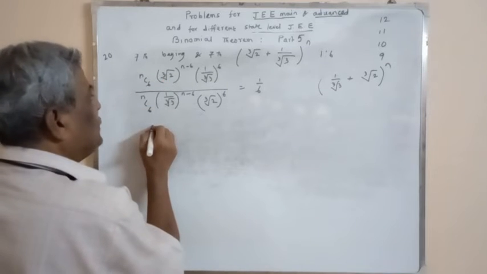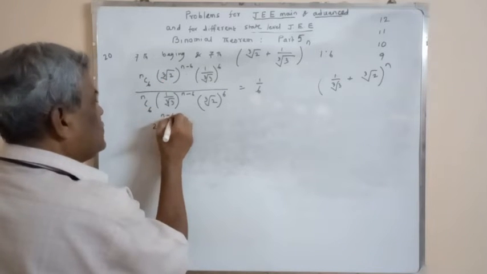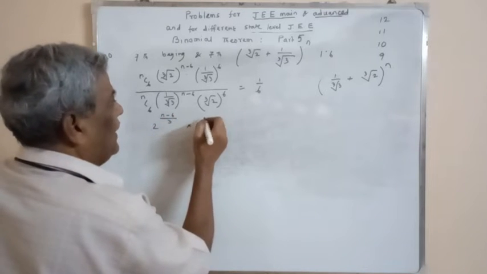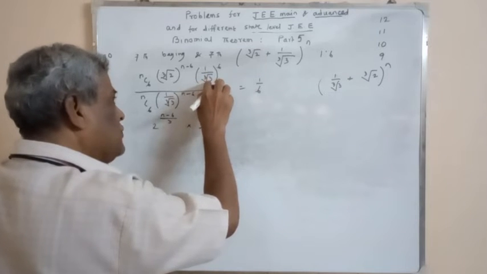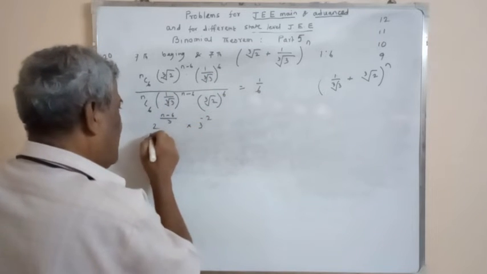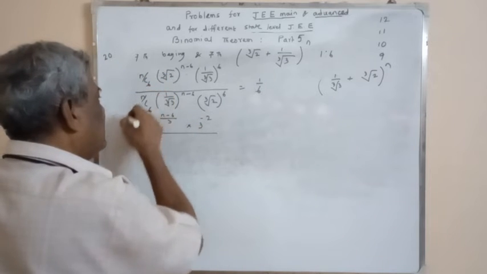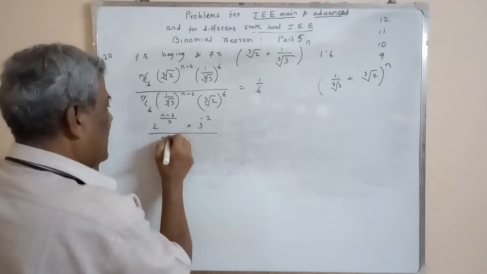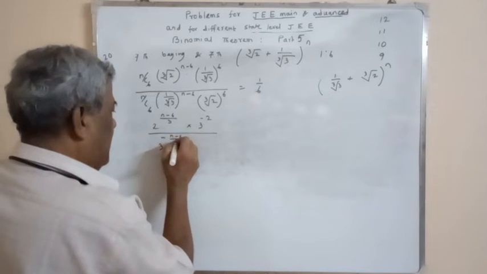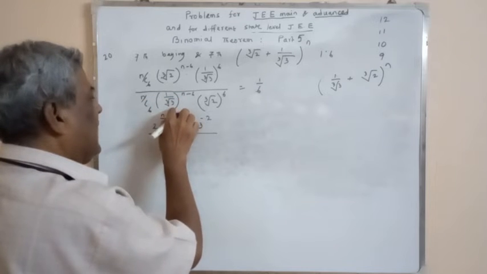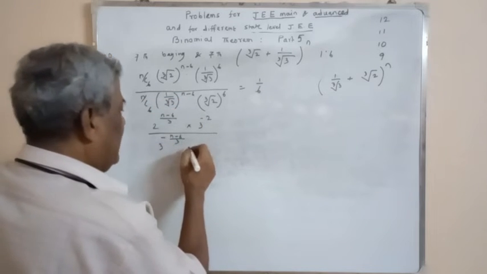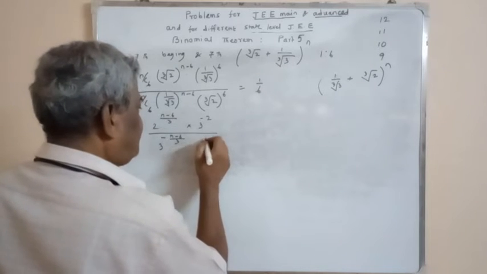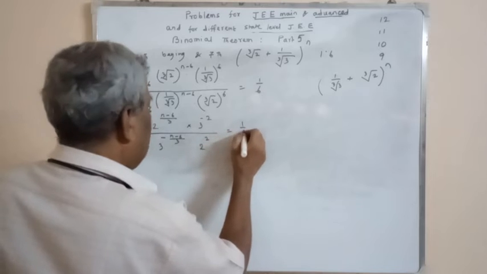It is 2 to the power (n minus 6) by 3 into 3 to the power minus 1 by 3 into 6, that is minus 2, they cancelled. It is 3 to the power minus (n minus 6) by 3. This one, it is 1 upon that. So the power is negative, into 2 to the power 2, is equal to 1 by 6.